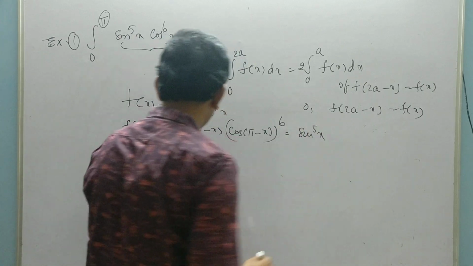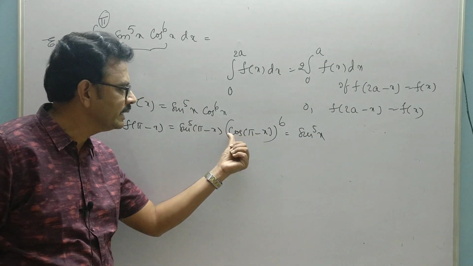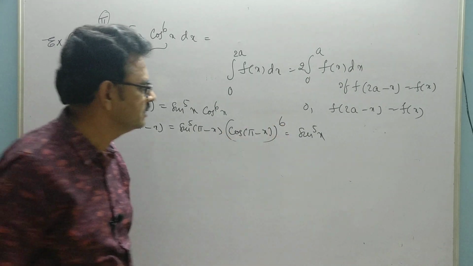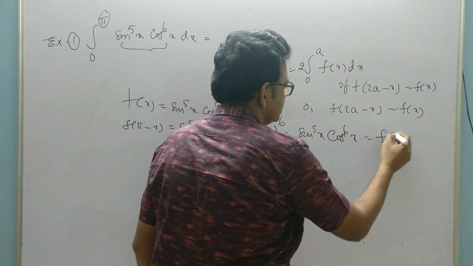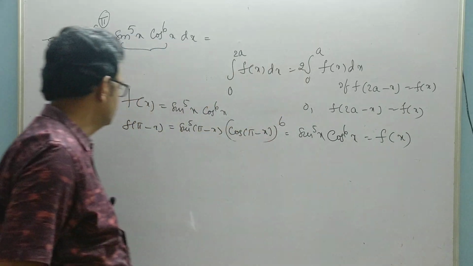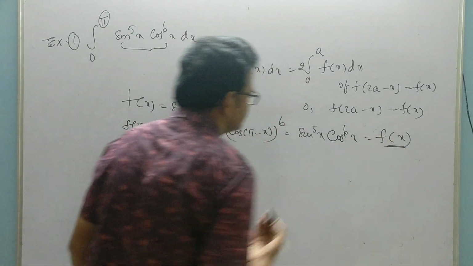In the second quadrant sine is positive. Cos of pi minus x, cos is negative, but whole power 6, that is cos power 6x, which is f of x. So, f of 2a minus x equal to f of x.